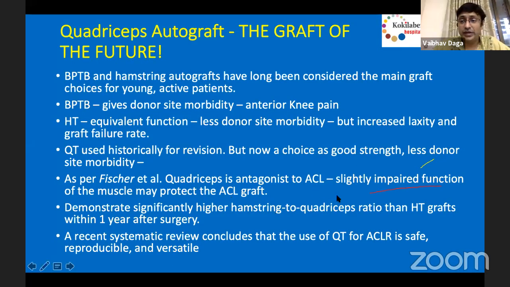That's why they are looking at using the quadriceps tendon graft. Studies have shown a significantly higher hamstring to quadriceps ratio than hamstring tendon grafts within 1 year after the surgery. A recent systematic review concludes that the use of quadriceps tendon for ACLR is safe, reproducible, and versatile.